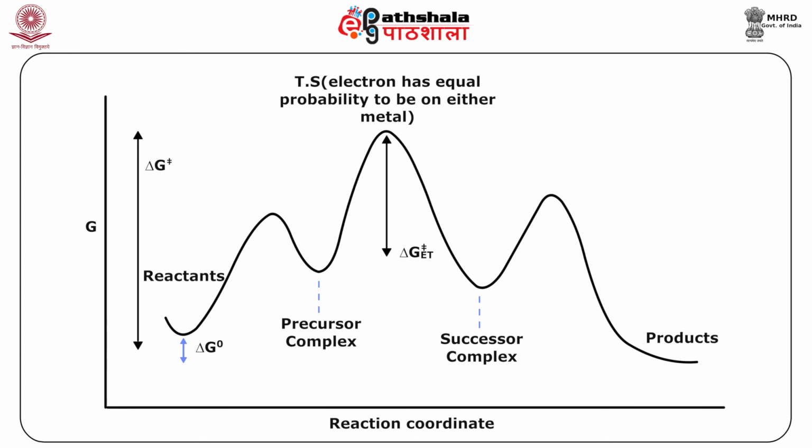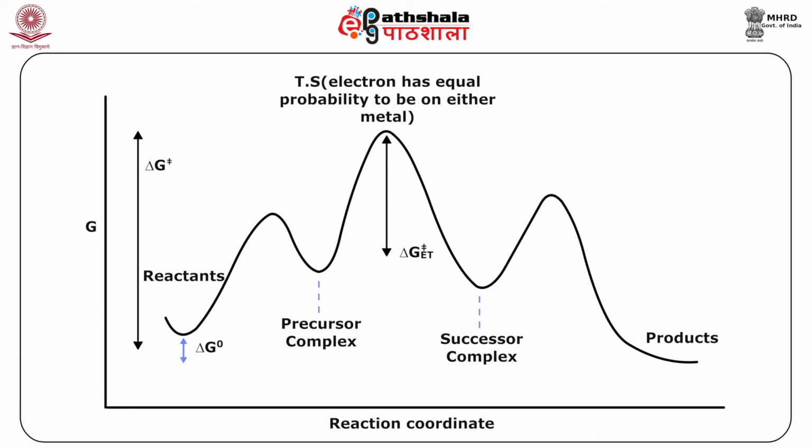Then it again forms a successor complex after the electron transfer process, and as soon as the electron transfer process has occurred, the energy goes down, and when energy goes down, it leads to the formation of a successor complex. So how does the plot go?